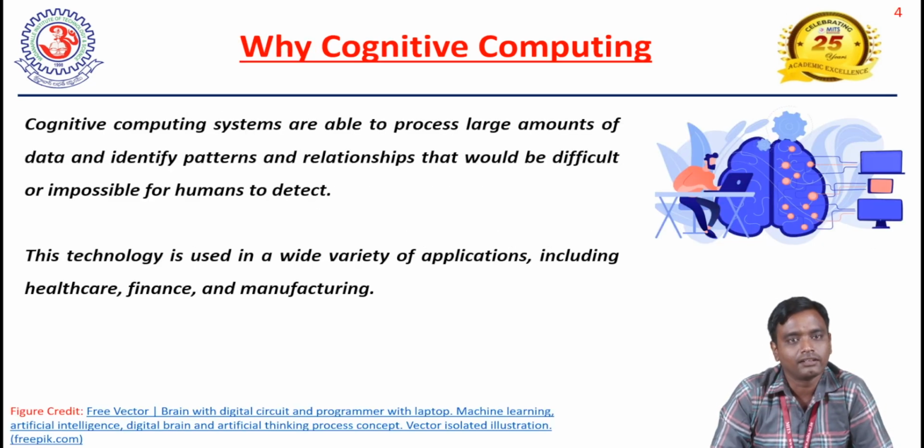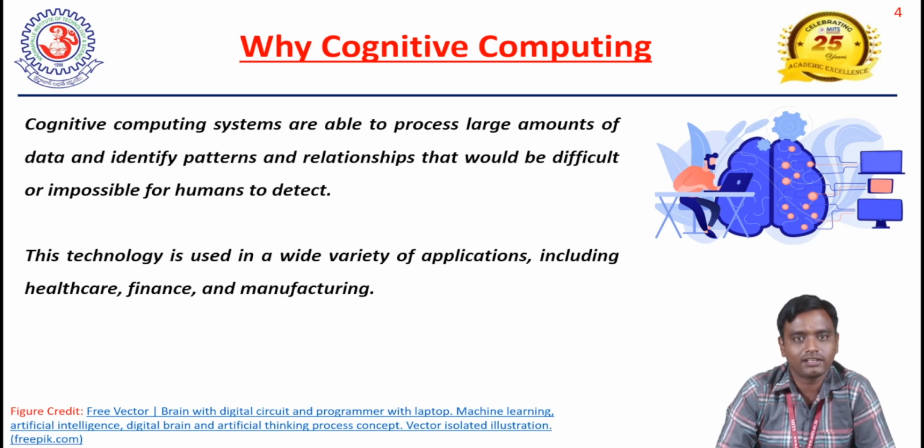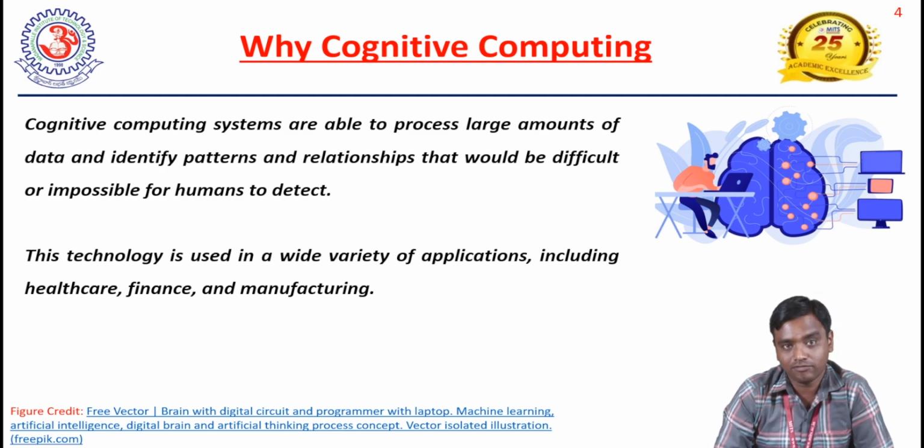In a broader description, cognitive computing systems are able to process large amounts of data and identify patterns and relationships that would be difficult or impossible for humans to detect. This is something different from the previous definition.